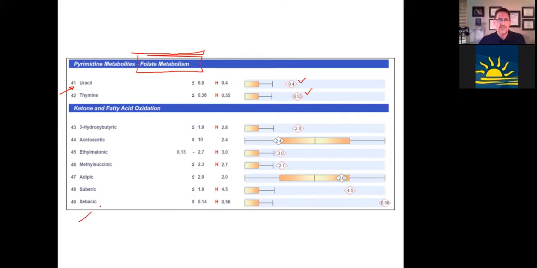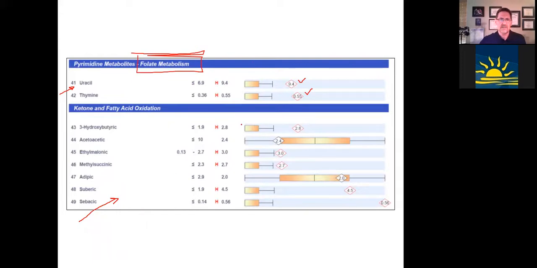Same thing when we start to create problems at the cellular level, either through absorption or transportation of nutrients into the cell. We often have to look back and say, do we have toxins that might be interfering with some of these things metabolically?